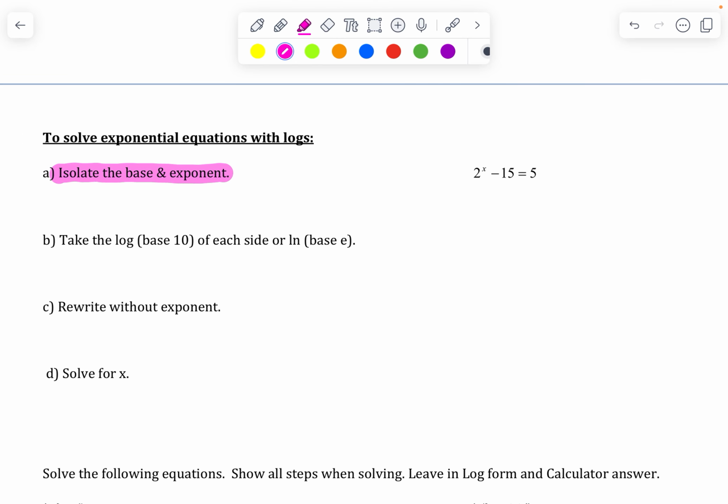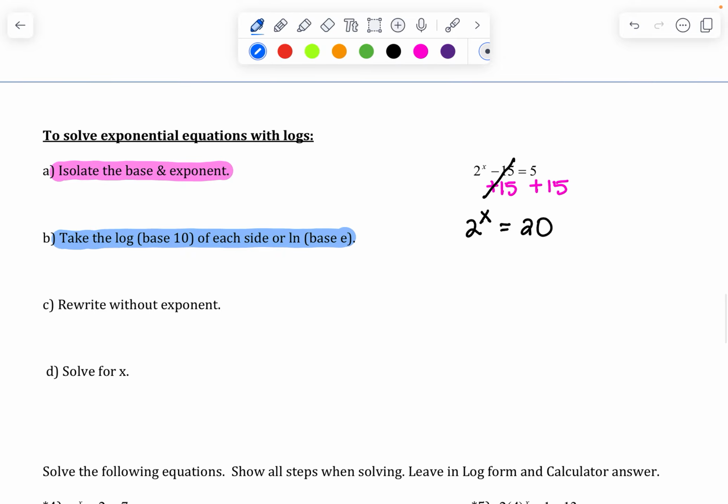Now you're going to rewrite without your exponent. In other words, it's the power property that we just did. So we're going to put this x in the front. So x, and then you have log of 2 equals log of 20.